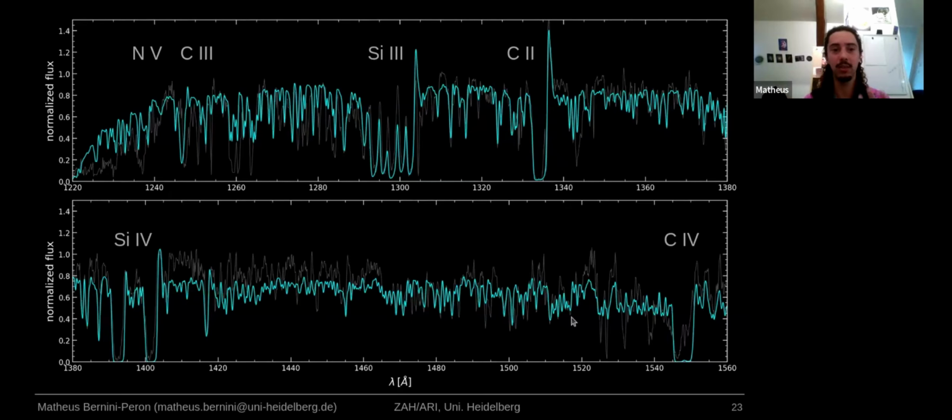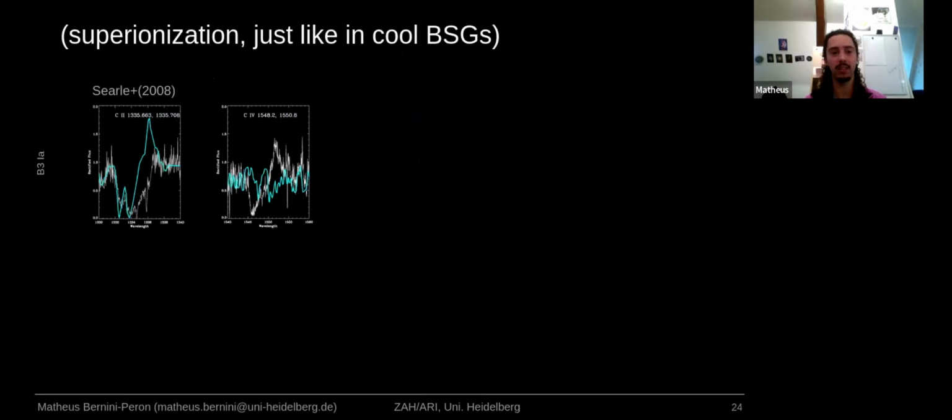Therefore, the star also has superionization. And one of the things I did in my master's and also earlier stages of my PhD was precisely investigate the superionization in B supergiants. Not exactly the same type of stars, but related.